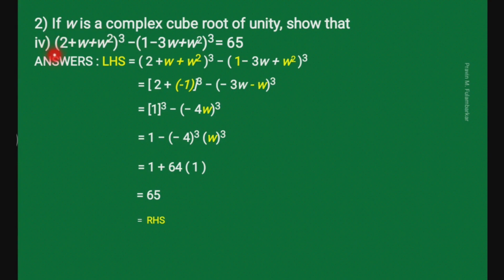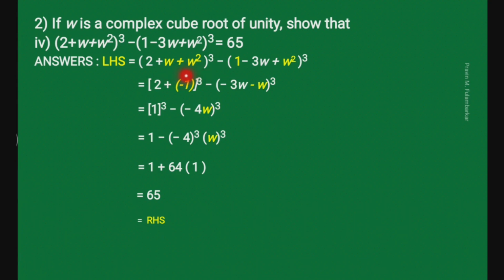Now see next question, sub question number 4. 2 plus omega square bracket raised to the power 3 minus in bracket 1 minus 3 omega plus omega square bracket cube equals to 65. So we consider here again LHS. So we mark here what we have to do, adjustments.